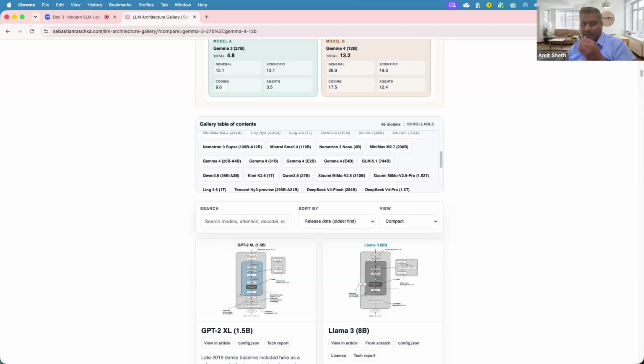You can look at the positional encoding, RoPE versus YaRN versus NoPE, and all the architectural advancements there. There is normalization, the decoder type, and then you can talk about the efficiency features like multi-token prediction, KV cache footprint, sparse attention, etc. And then it also has the per-model fact sheets. Like I said, there are about 96 models, and you can see the fact sheets for every model there.